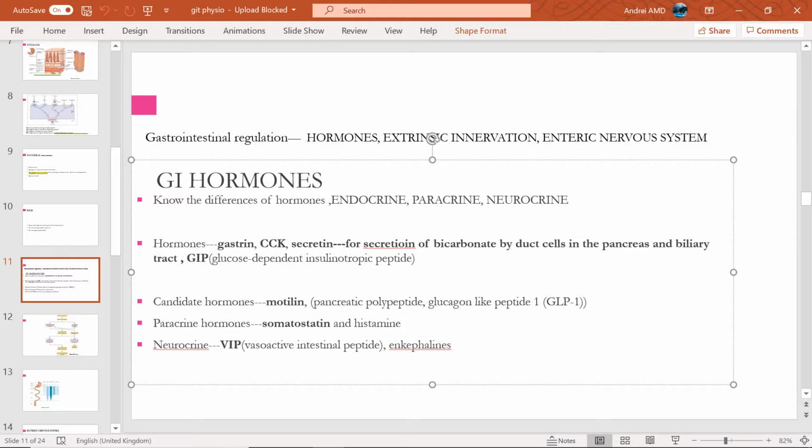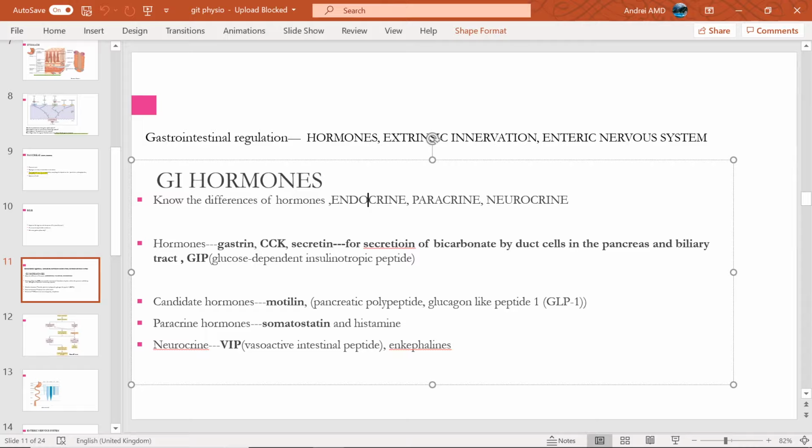The answer is that they have the receptor. If you don't have the receptor, the hormones won't know where to go or what to say to that organ. So not only do you need hormones, the receptors are important too.